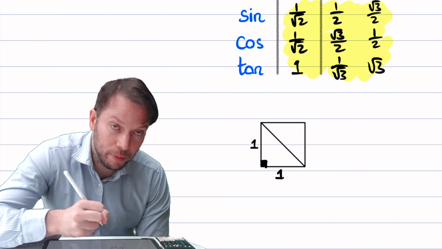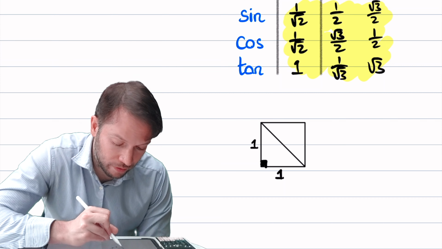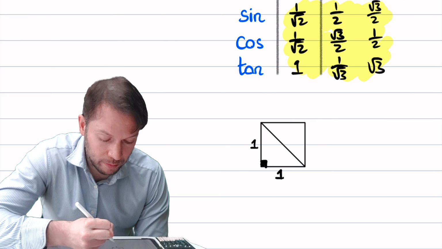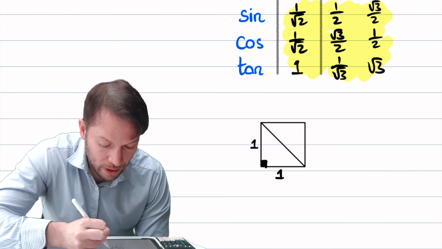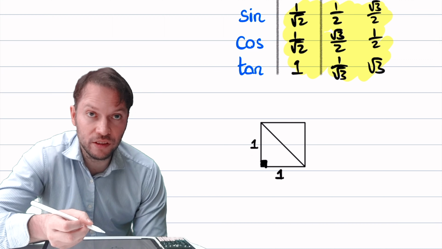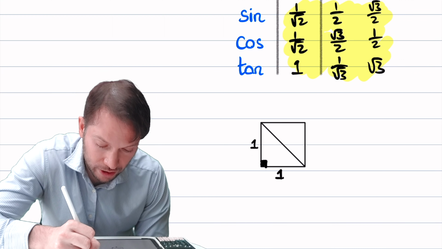And remember, using Pythagoras' theorem, we could find the length of this diagonal. You add the squares of the shorter sides and then square root it. So 1 squared plus 1 squared is 2, square root it, that's root 2.